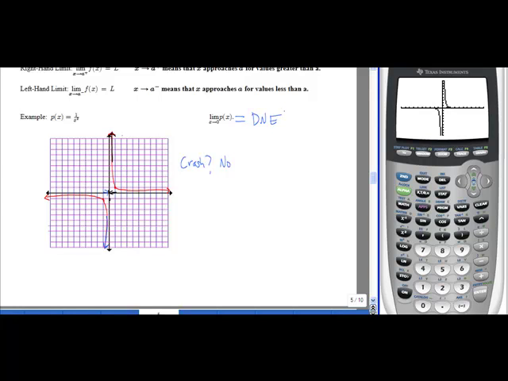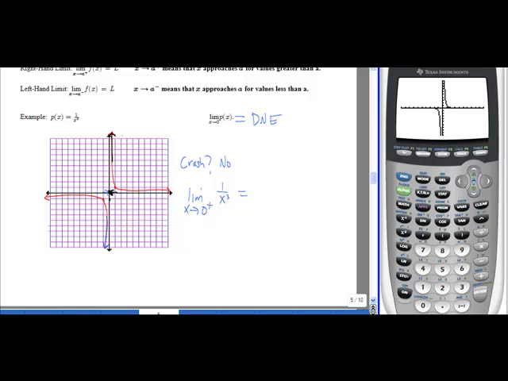Now we can be a little bit more descriptive here if we talk about the one-sided limit. So let's do that for a moment. Let's look at the right-hand limit as I approach 0 from the right-hand side. So put that little plus in there. So to figure out what this limit is, that means we're looking at as we approach just from x slightly bigger than 0.